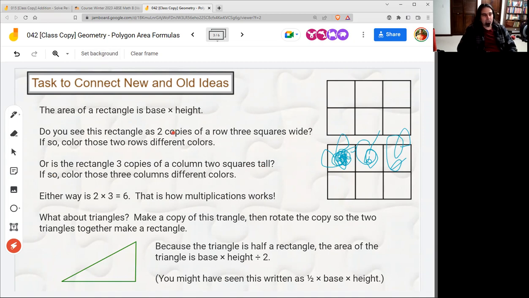And somebody else do shading 2 rows. So shade the 2 rows of the top version.